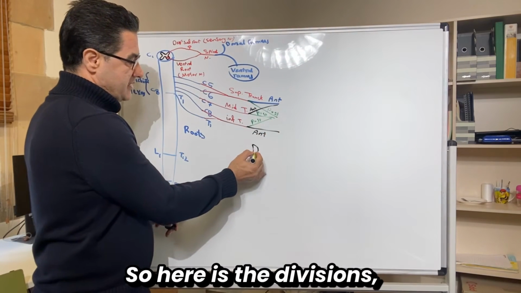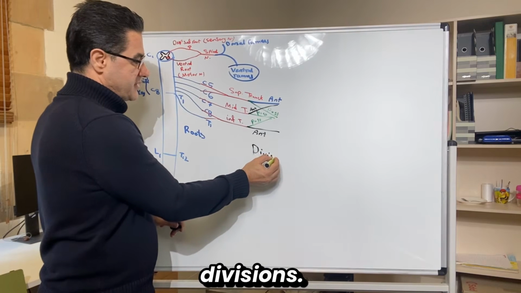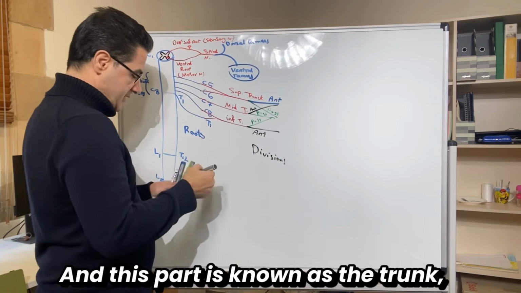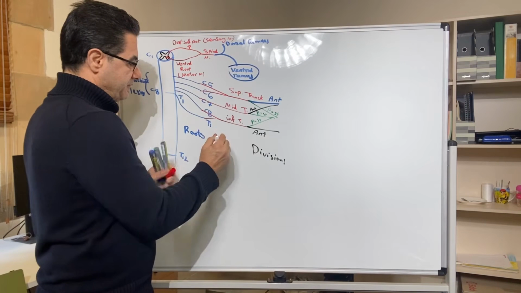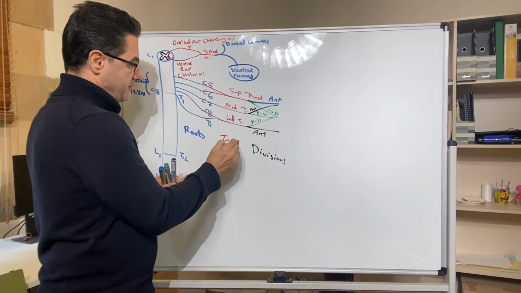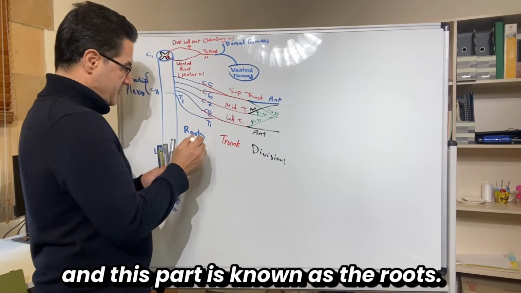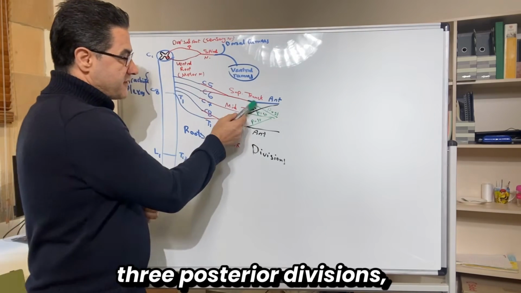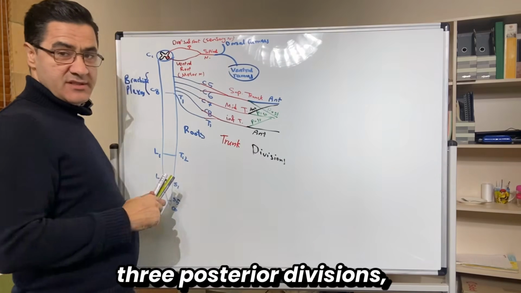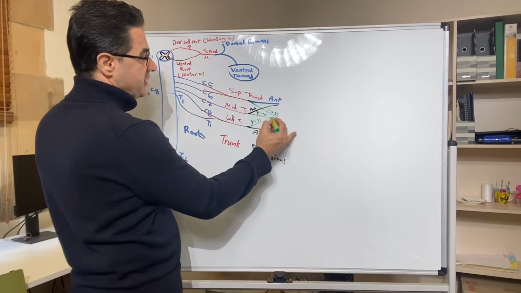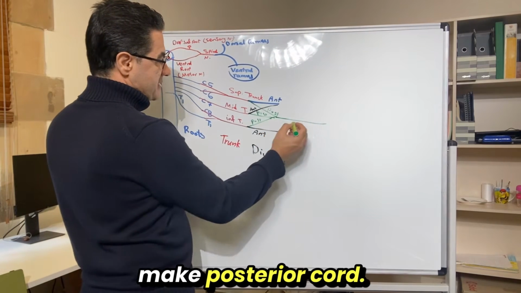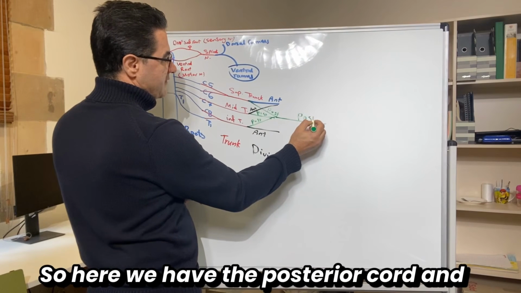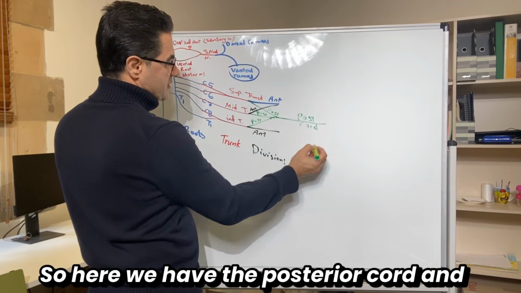So here are the divisions, and this part is known as the trunk, and this part is known as the roots. If you look here, the three posterior divisions come together and make the posterior cord. So here we have the posterior cord.